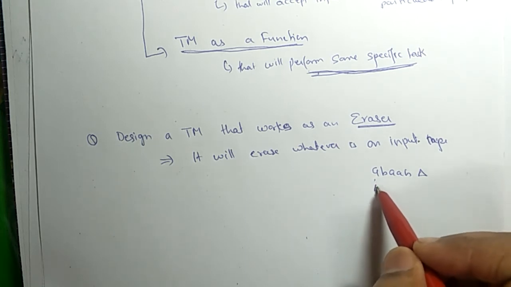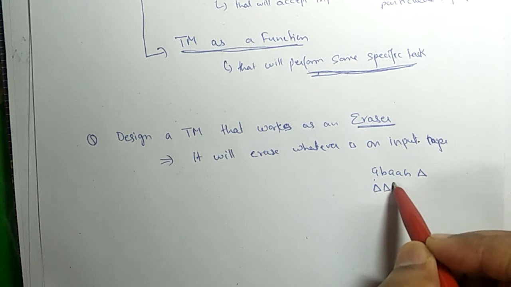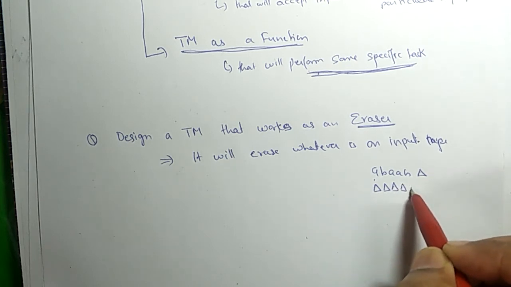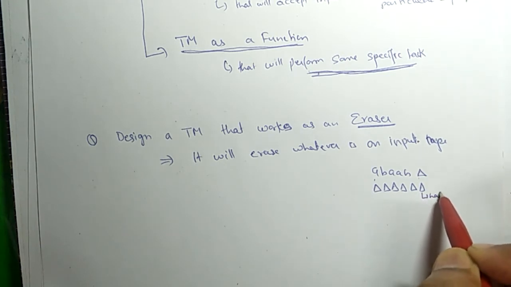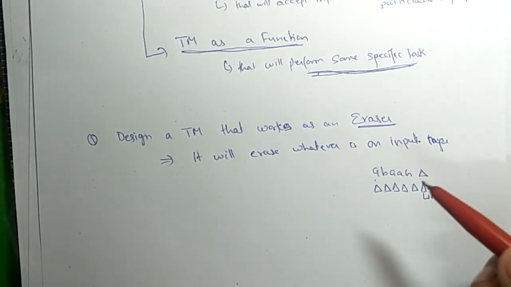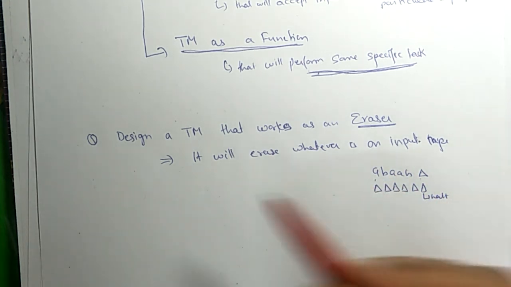We will start from this place and make this blank and move forward, make this blank, move forward, and when we reach this place we will halt here. It will just be making the tape blank. Whatever is written we have to remove it, we have to erase it.